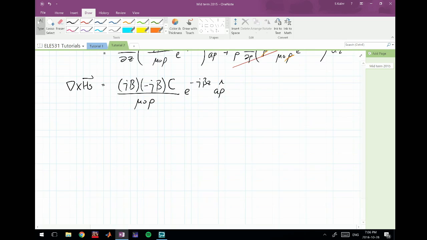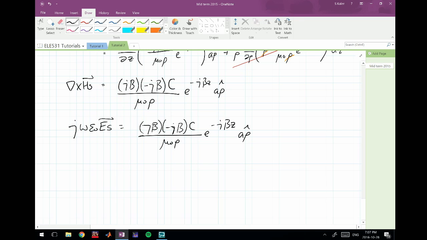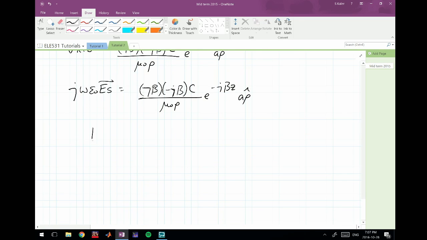So we get j omega epsilon naught E s is equal to, I'm just going to leave it like this, j beta, we can simplify it after, minus j beta C over mu naught rho e to the minus j beta z a rho, it's a mouthful. E s is going to be, I guess we can get rid of one of the j's.